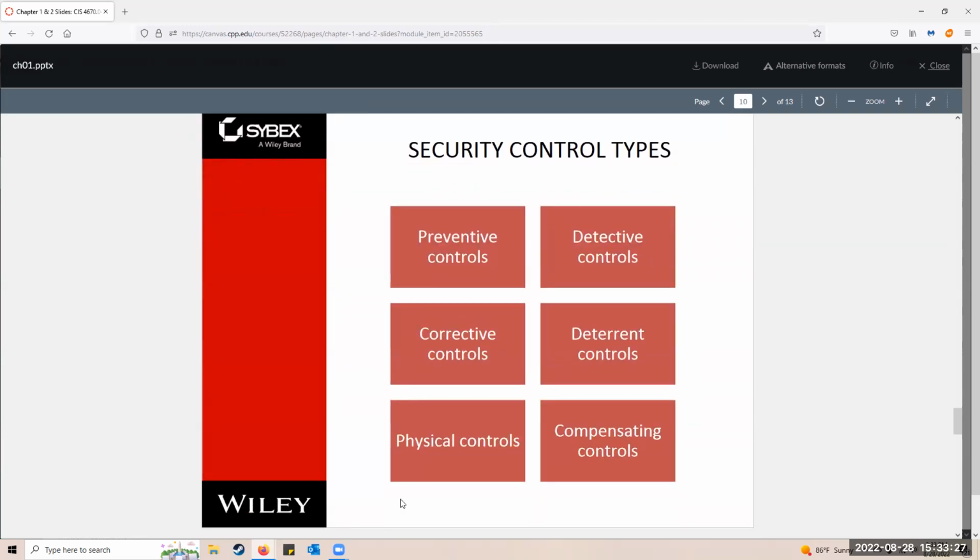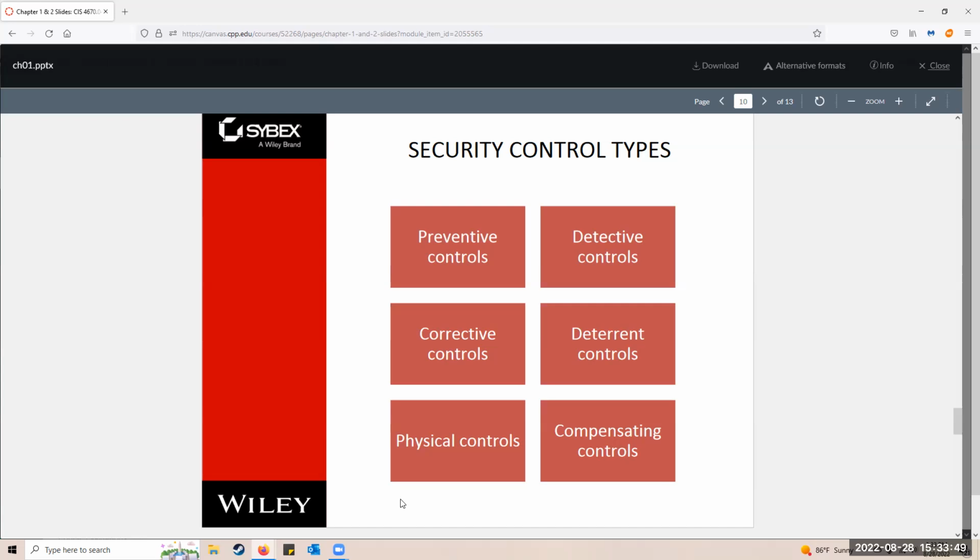So there are different types of controls that come into play when addressing these risks and these vulnerabilities: preventative controls, detective controls, corrective, deterrent, physical, and compensating. They're pretty self-explanatory. Preventative means that it's a control in place to prevent a breach.